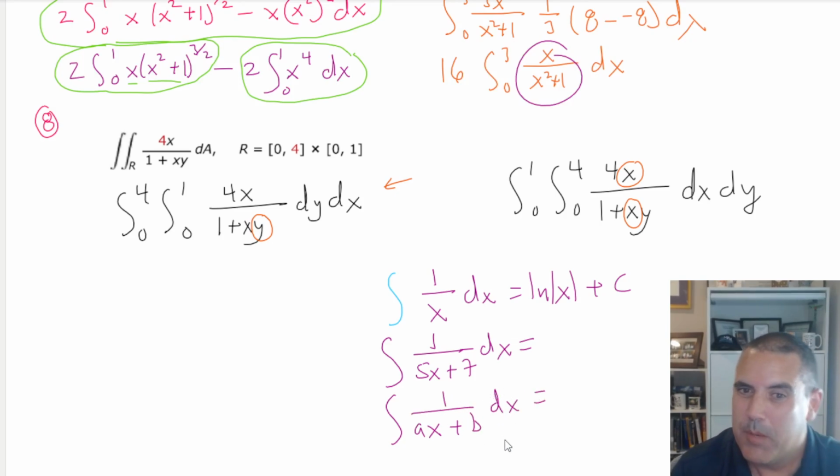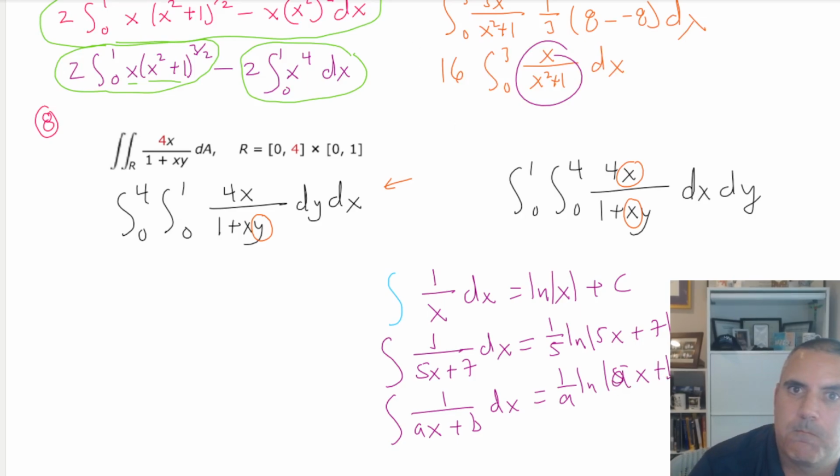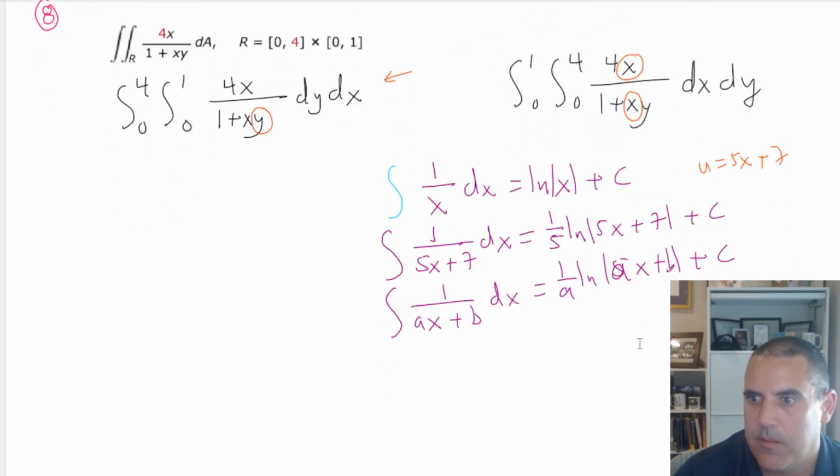In general, if you didn't remember this or didn't have my table, you would do a substitution, and you end up getting 1 over 5, the log of 5x plus 7 plus c, or in general 1 over a, the log of ax plus b plus c. So you can do a substitution to try this: u equals 5x plus 7, and realize you get the same thing.